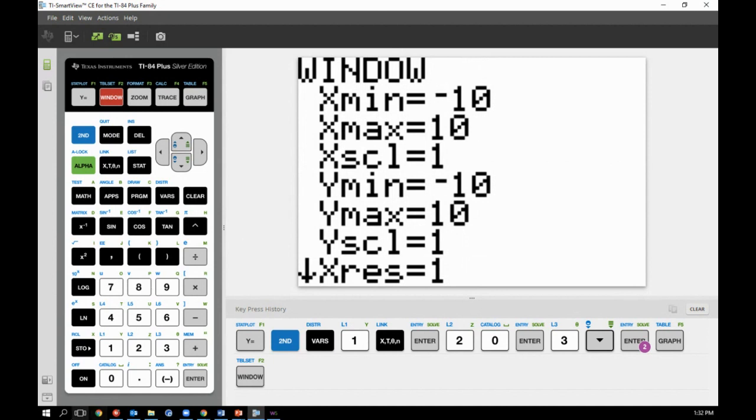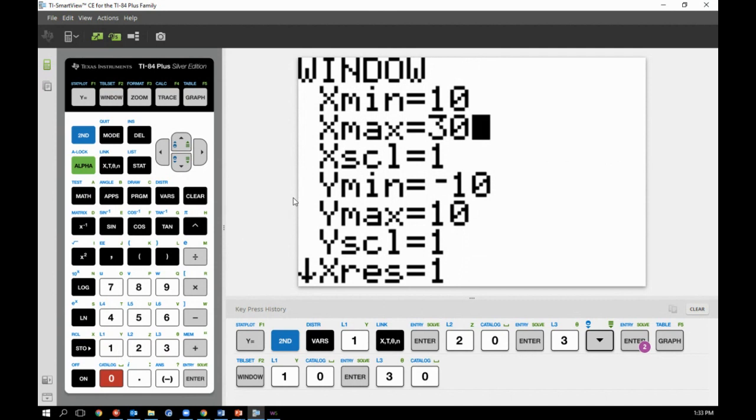10 to 30. So X minimum is 10. We hit the window button up here. X maximum is 30. The scale, just leave it as 1.